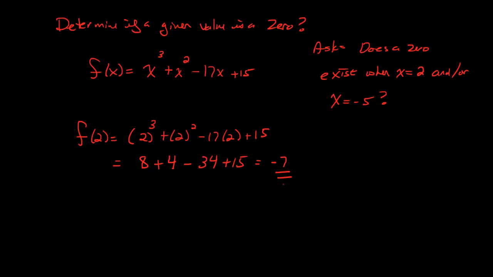So negative 7. So therefore we know that x equals 2 is not a 0. X equals 2 is not a 0 because it isn't equal to 0.